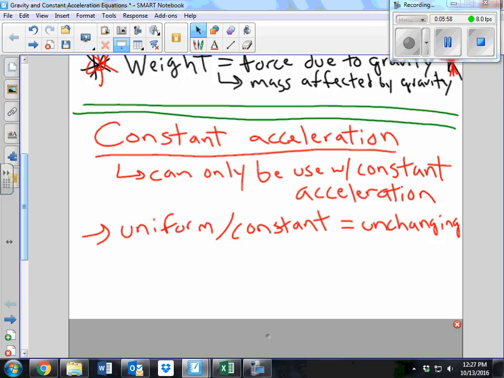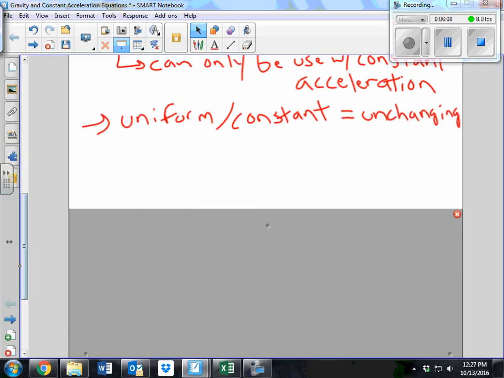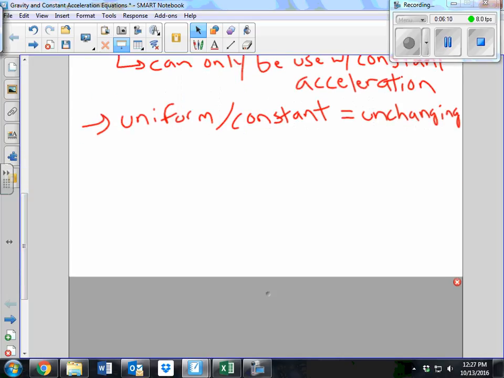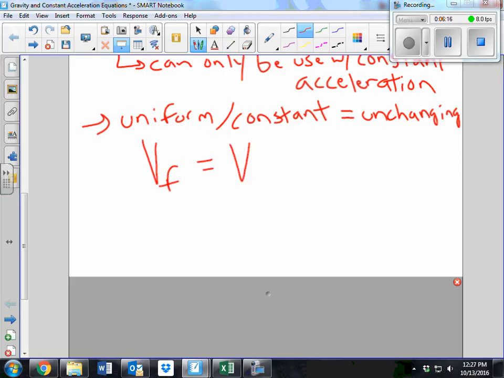So when you see constant acceleration or uniform linear acceleration, all it's saying is the acceleration does not change value. And when the acceleration does not change value, there are three equations that we can use. We can use final velocity equals my initial velocity plus my acceleration times my time.